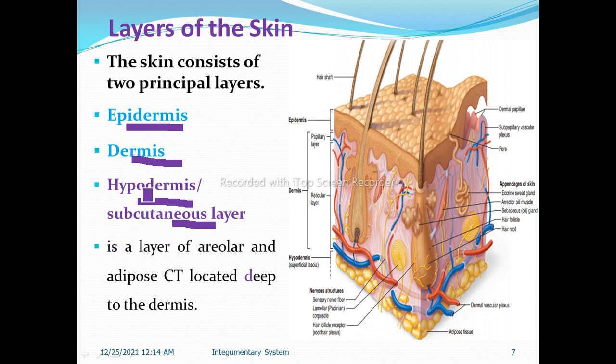So hypodermis is a layer of areolar or adipose connective tissue located deep to the dermis. First we find the epidermis, then the dermis, then the hypodermis as the deepest layer.